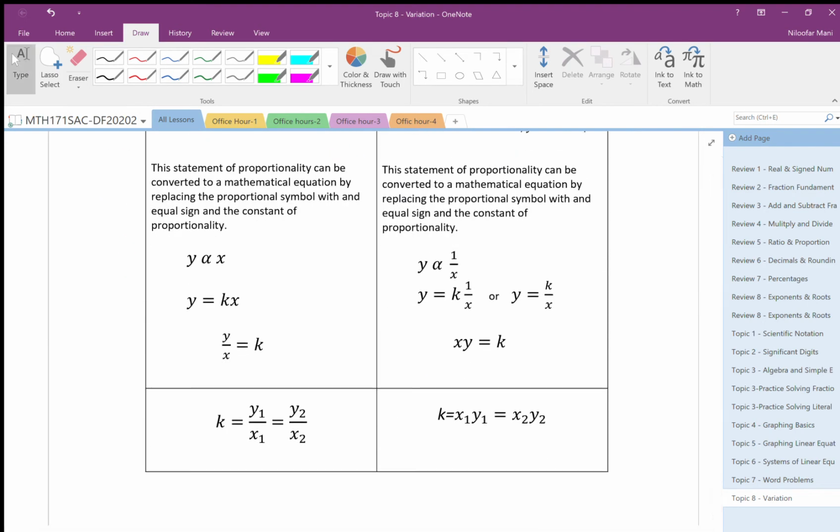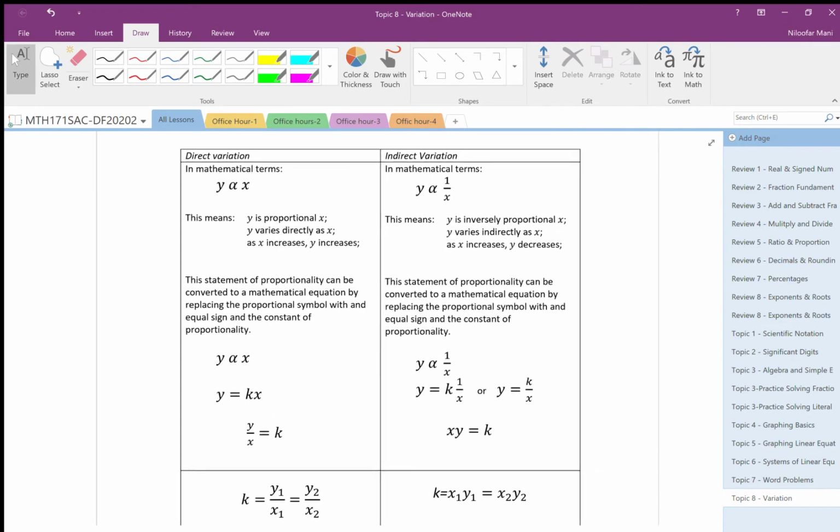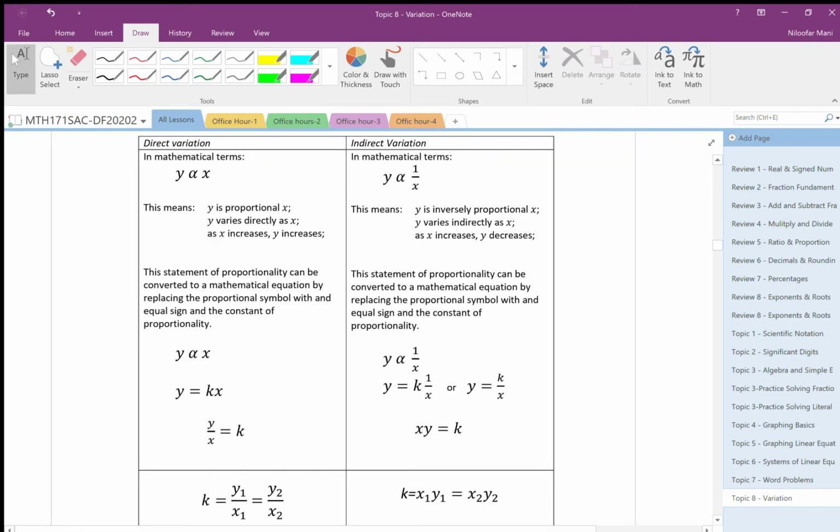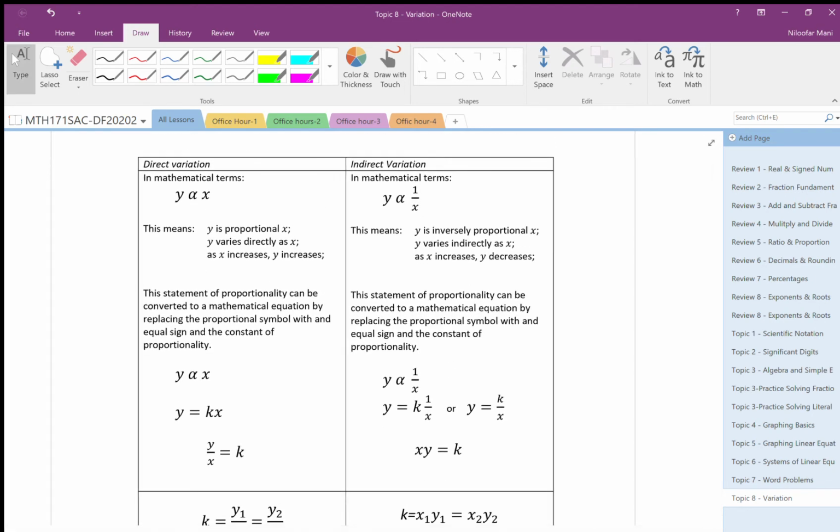Okay, so now I have both formulas here on one page, for both types, because I want you to see it. So direct variation, I say y varies directly as x, and I show y alpha x. So when I say direct variation, you can write y alpha x.